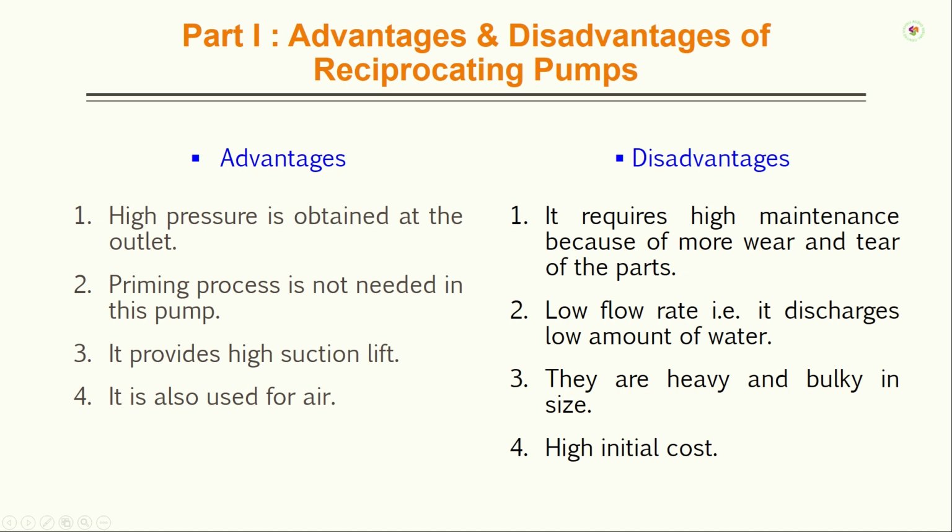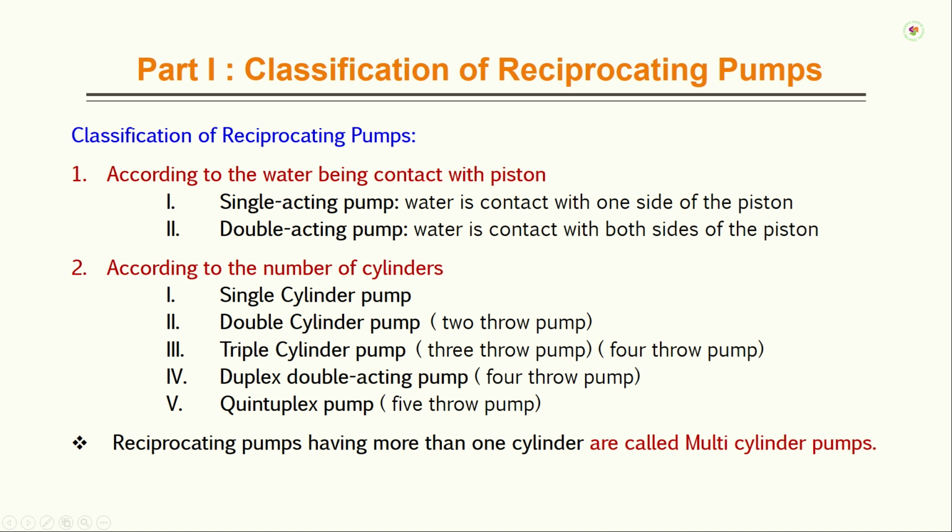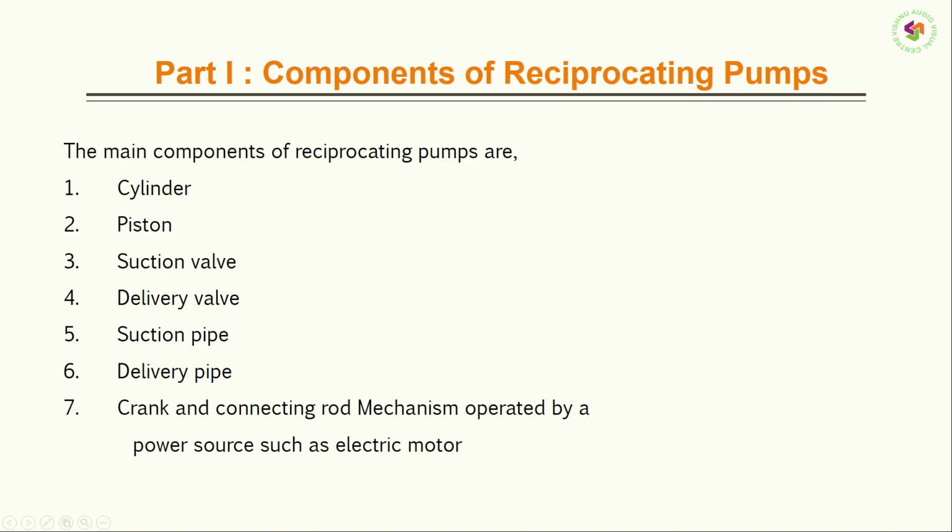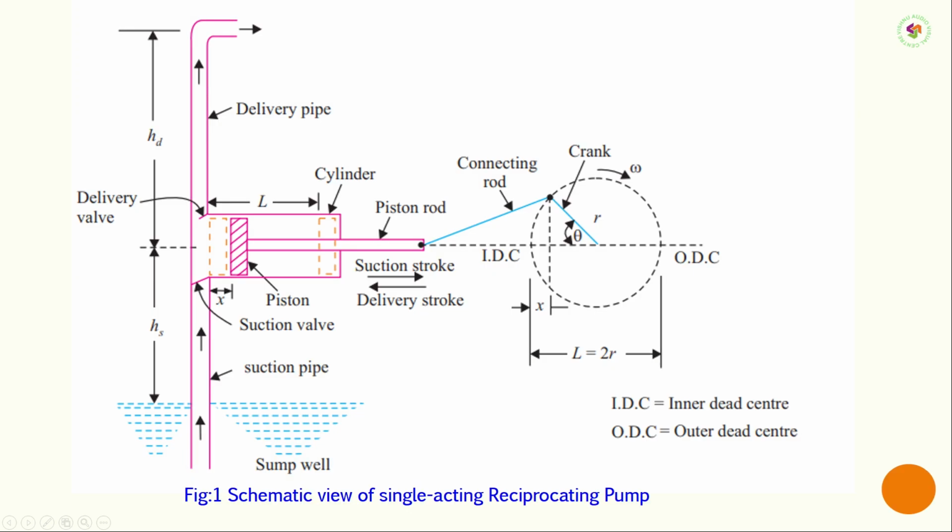For mathematical calculations, the advantage of the double acting pump is that its discharge is equal to twice the discharge of the single acting reciprocating pump.